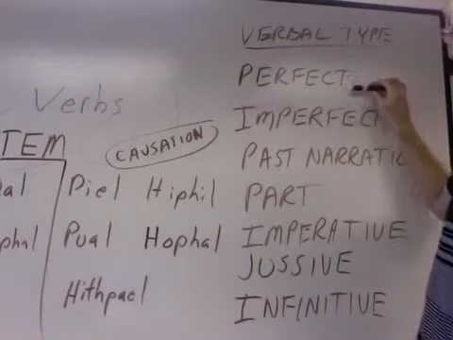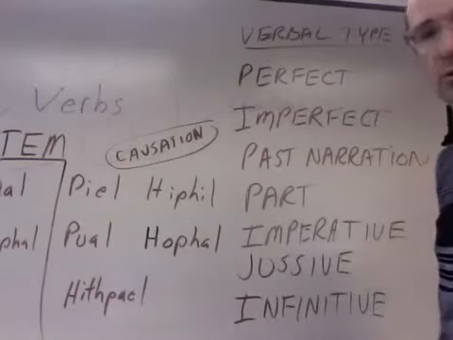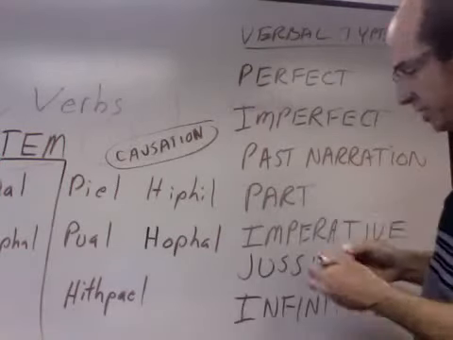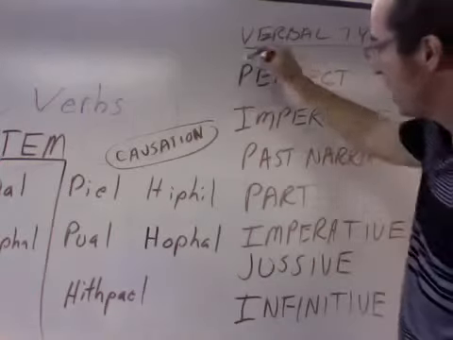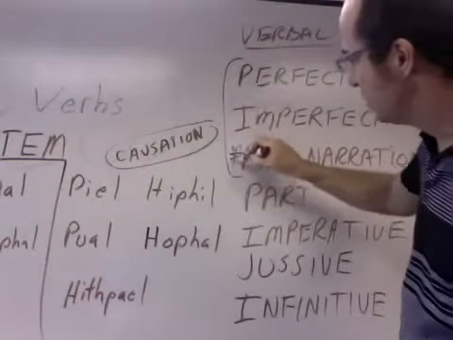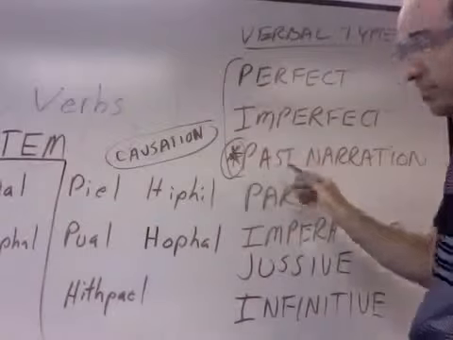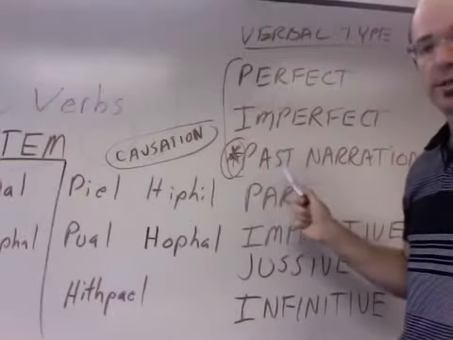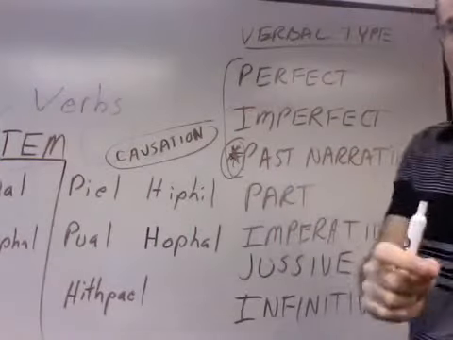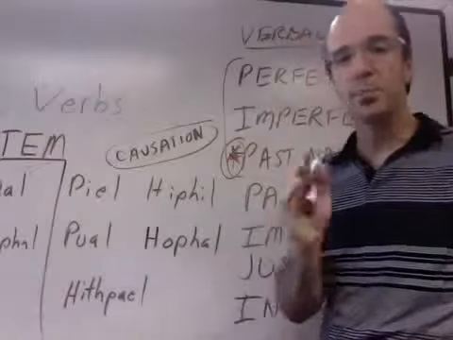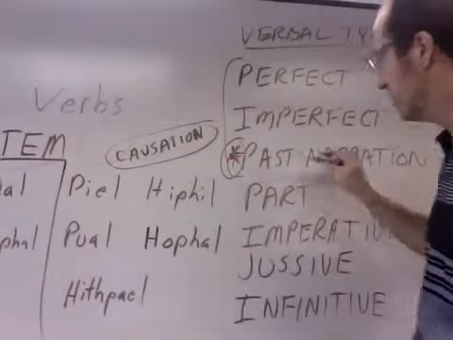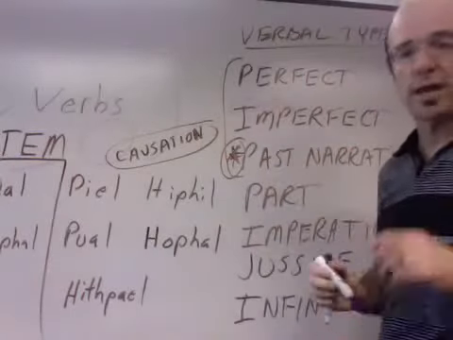We basically have perfect and imperfect. I mentioned that in a previous video. Past narrative. These three are probably your most common, with past narrative, especially in Hebrew narrative, being very typical. Again, Arnold Choi calls this the imperfect plus vav consecutive. I believe that John Cook calls this past narrative or past narration.